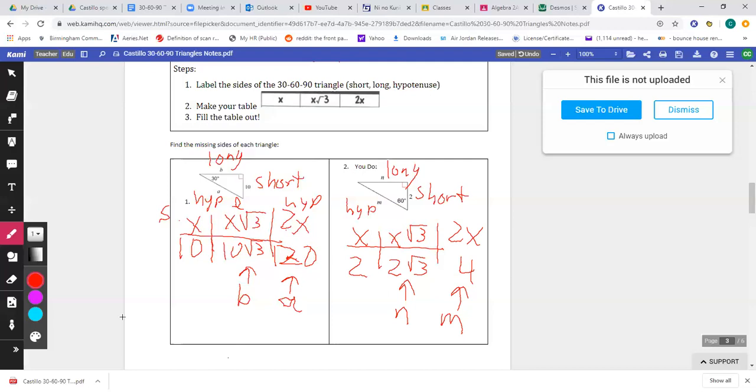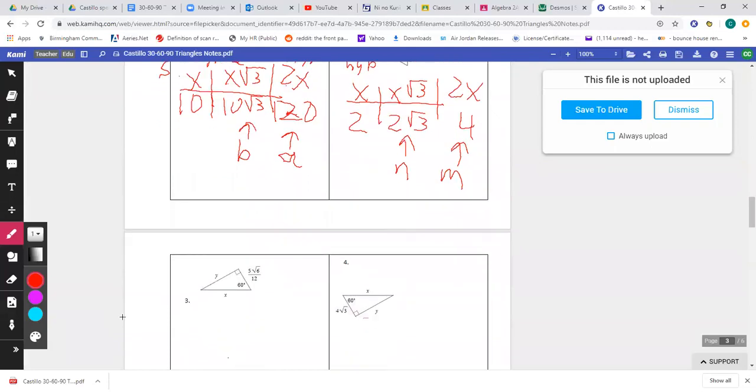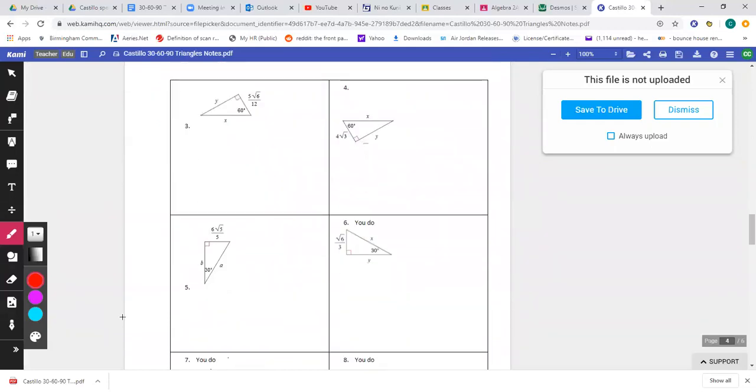Now, I want to go through a couple more examples, so when you do the homework, you can't say, oh, I didn't know how to do that. All of the examples are going to be here. So I'm going to do 3, 4, and 5 with you. Then I'm going to give you time to do 6, 7, and 8. So same thing here.